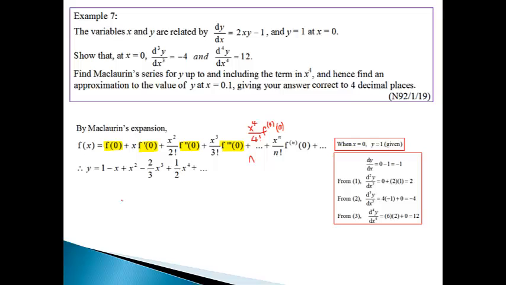After substituting all these values in, this is the Maclaurin's expansion for y.